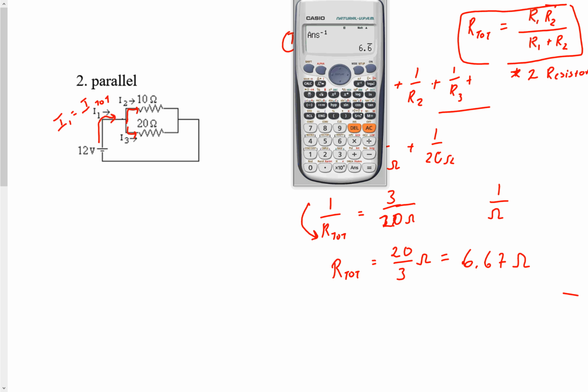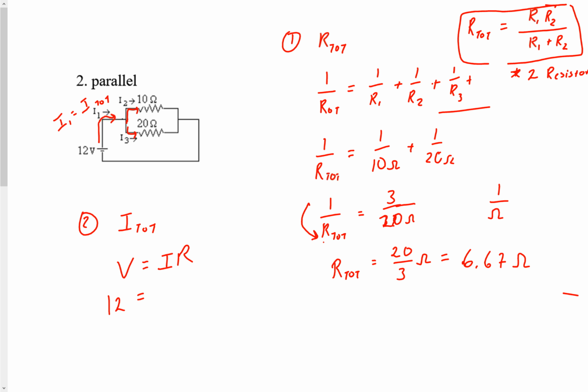All right, so remind me now, what was the next thing? After you find your R total, the next thing was second priority, find I total. Well, remember, the only thing we're going to use is V equals IR for the rest of the problem. So we know that the total potential is 12 again. We know that the resistance is 6.67.